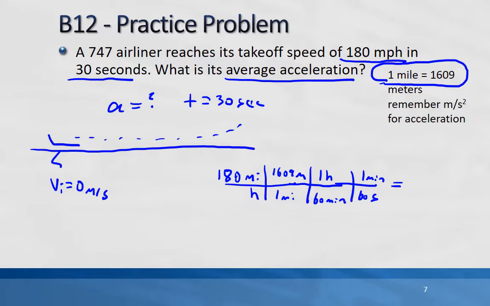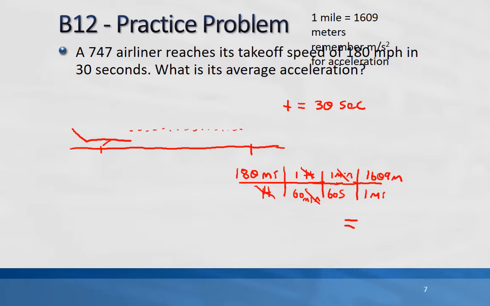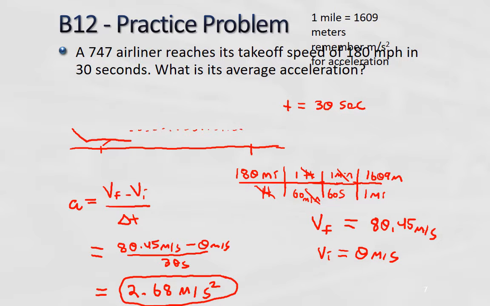With that information, we can figure out the acceleration. Our final velocity is 80.45, initial velocity is starting from rest, and we get an acceleration of 2.68, and really positive 2.68 because the acceleration is this way, as we define it from the positive x.